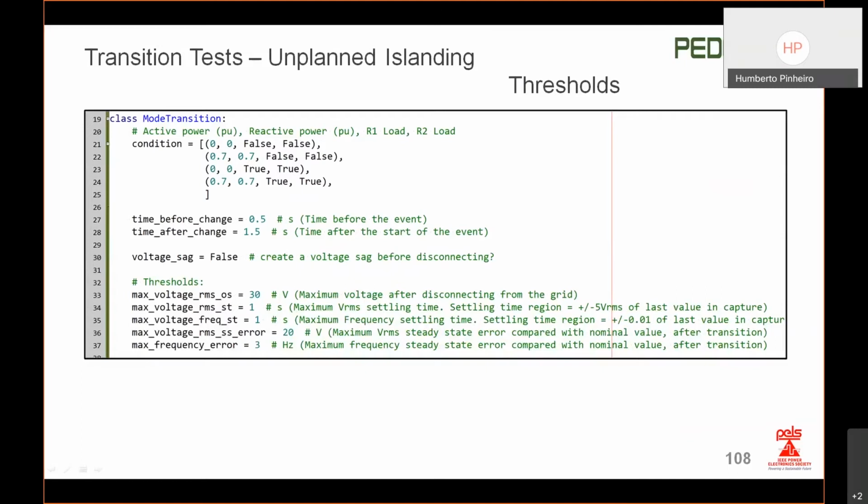We can set the threshold of acceptable voltage, here the RMS voltages. We can set the acceptable settling times, here 1 second, the acceptable frequency settling time, the acceptable steady state error, 20 volts here, and the acceptable steady state error for the frequency as well.